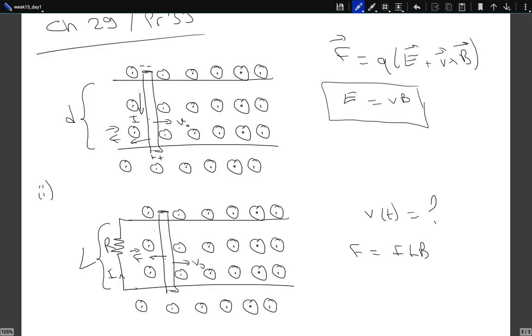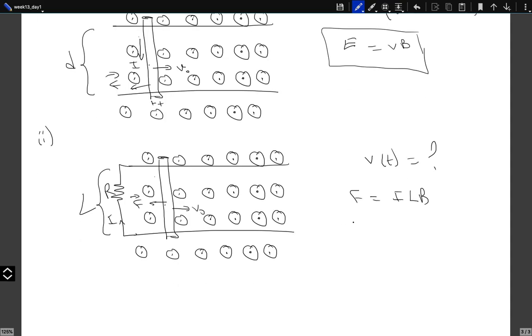How can we write I? What is the current? What is the EMF? Okay, minus dΦ_B/dt, which is minus d/dt of B times L times x, or epsilon, ignoring the signs because we had already determined what the direction of everything should be.